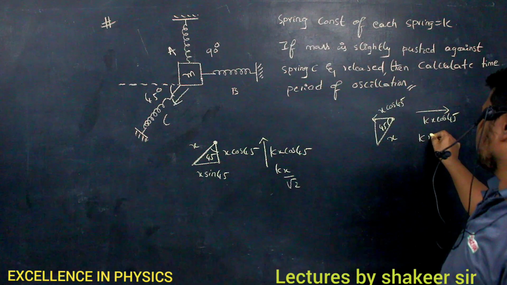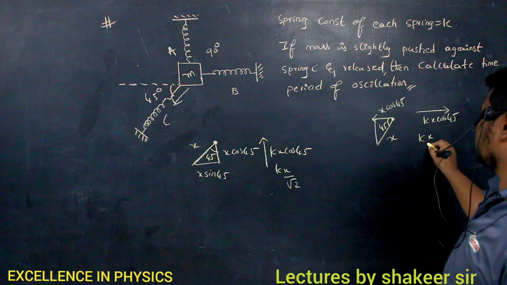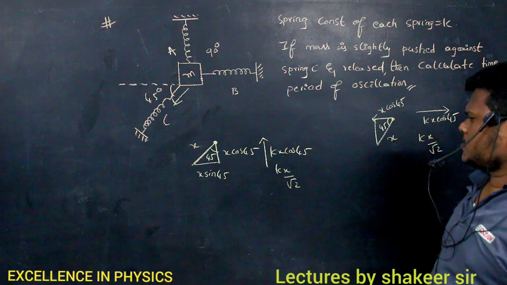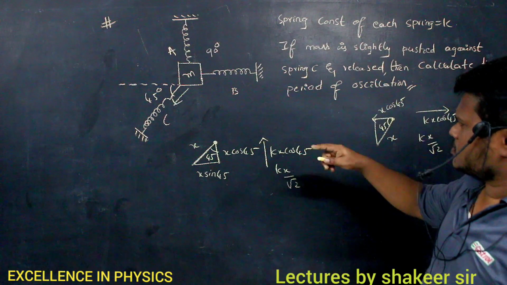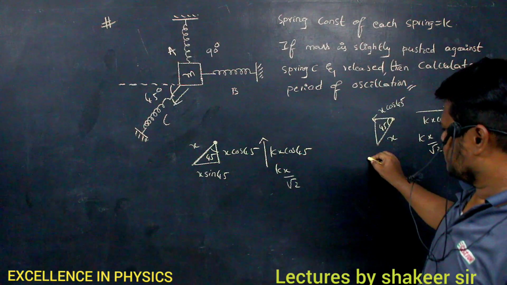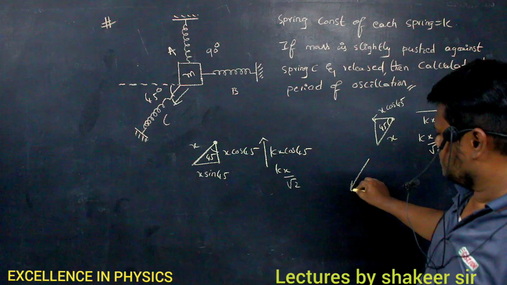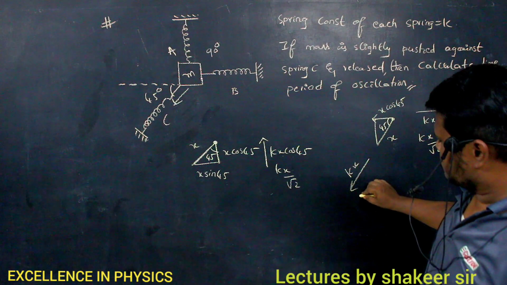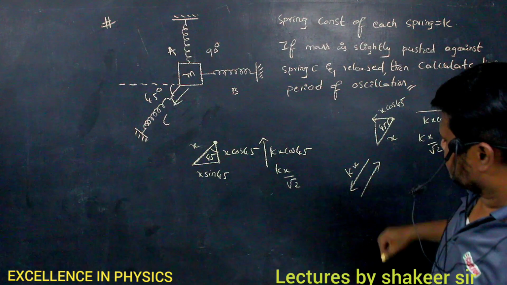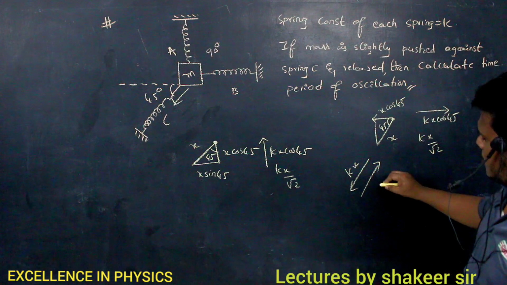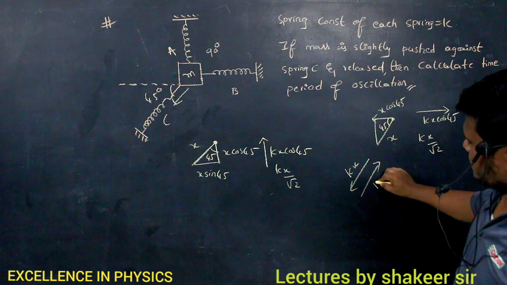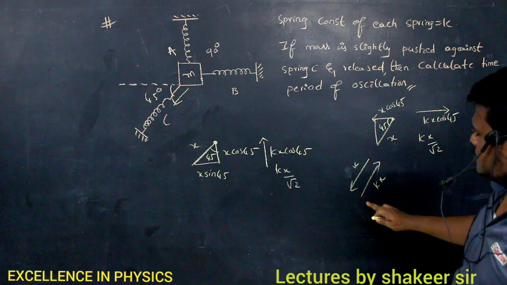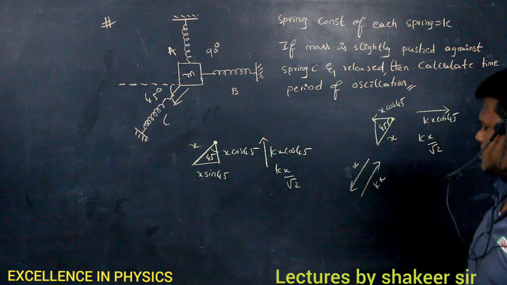So kx times cos 45 is how much? 1 by root 2, so kx divided by root 2. Spring B is elongating in this direction, and spring C is compressing in this direction by a distance of x. So in spring C also, the restoring force would be developed exactly in the opposite direction, by the value kx. This is the compression produced, x, and this is the restoring force produced, kx.